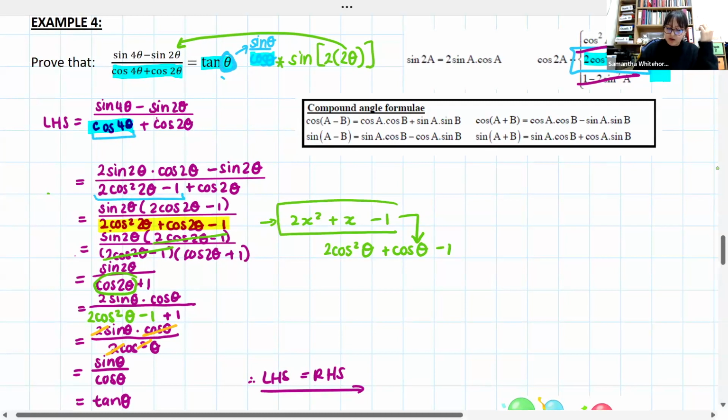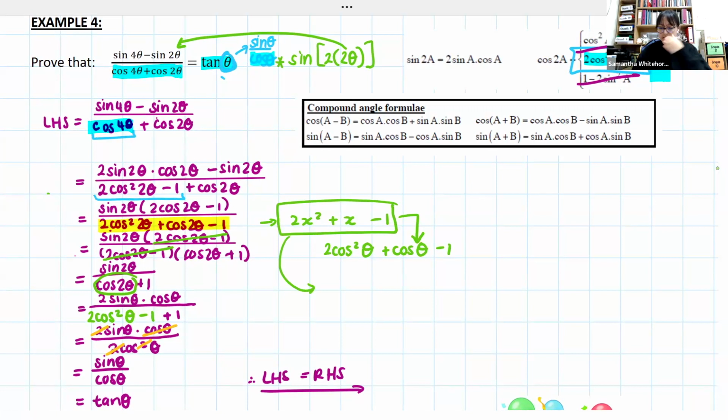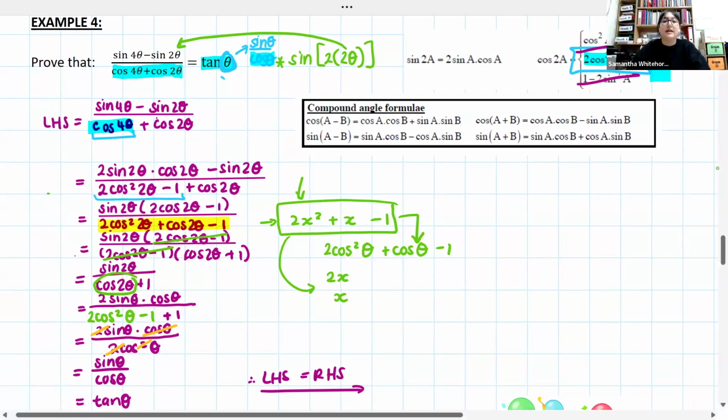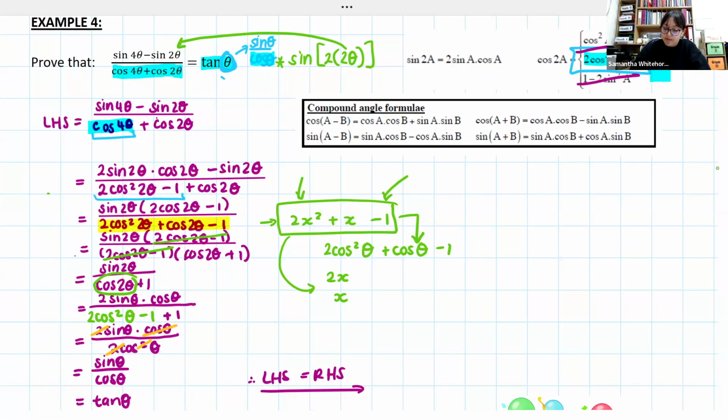So if I take the algebraic one to simplify the whole process and factorize that, the way I factorize is I look at my first term's factors. In this case, it would be 2x and x. If I times those two together, I get 2x squared. And I look at my last term's factors. I've only got factors of 1 and 1.